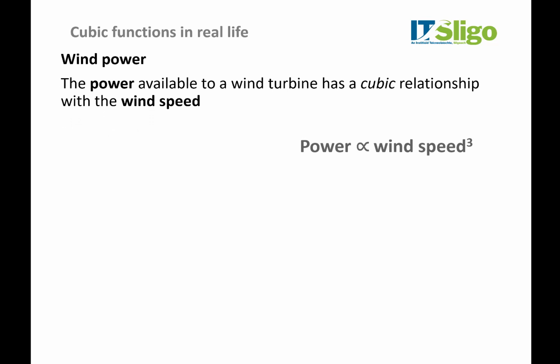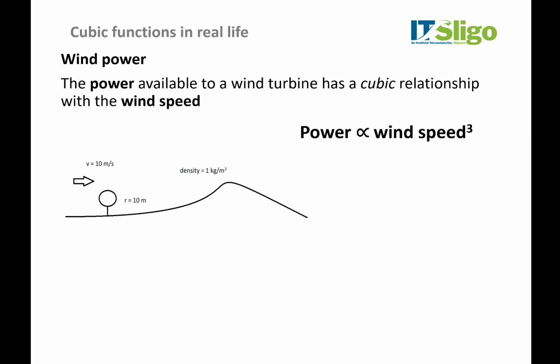Another one, which I introduced but didn't talk about, is that power and wind speed have a cubic relationship. I'll talk about this example in the next lecture in a lot more detail. But here we have a wind speed of 10 meters a second.